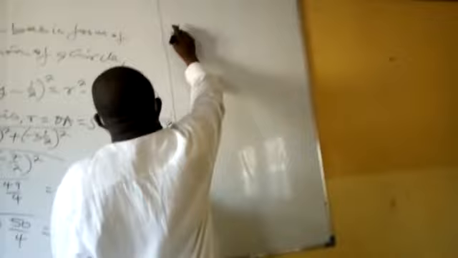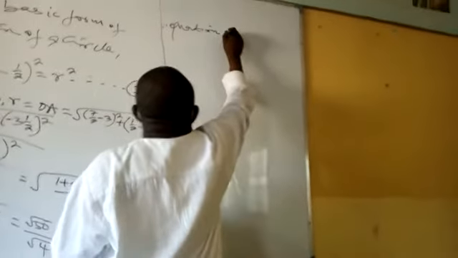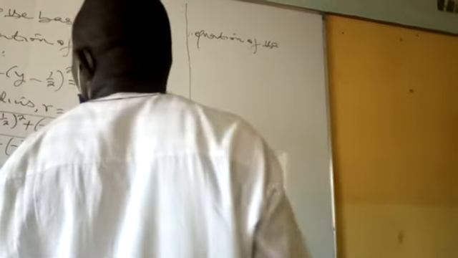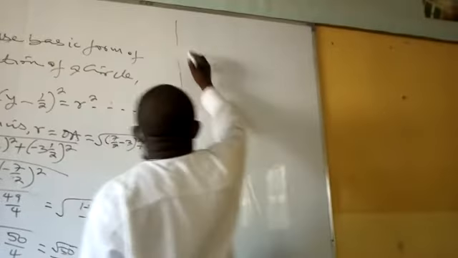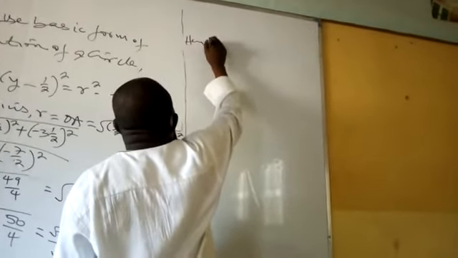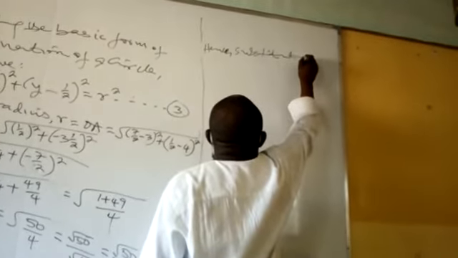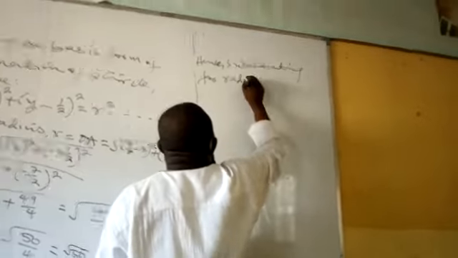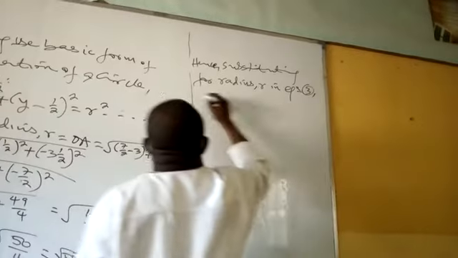Since I already had the equation of the circle in equation 3, I'll simply substitute for the radius r in equation 3.